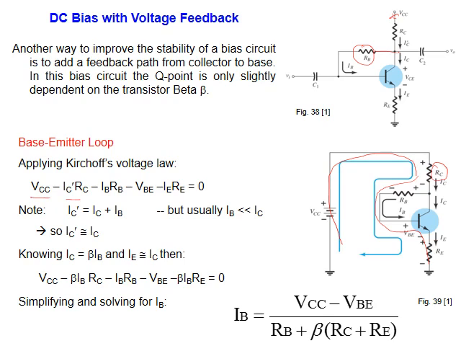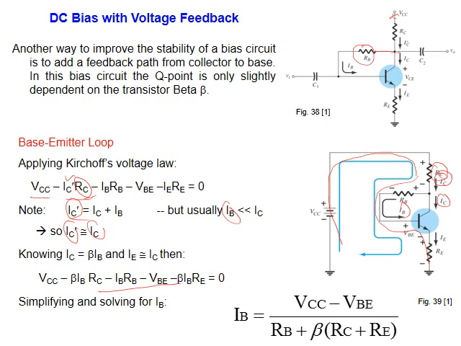So when I use Kirchhoff voltage law, we can see that RC becomes part. Actually what happened is IC dash, which is the current here, equals IC plus IB, and since IB is small, we can assume that IC dash is IC, and this will help here.